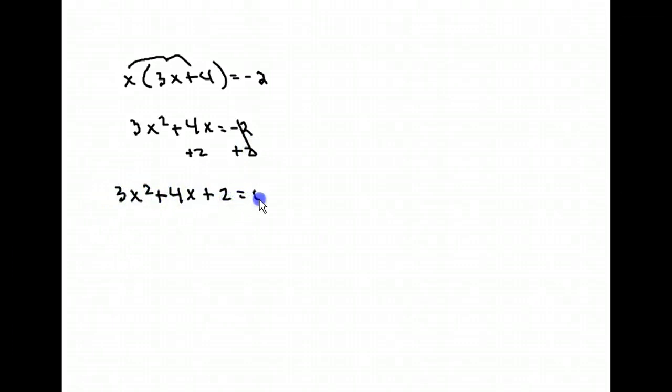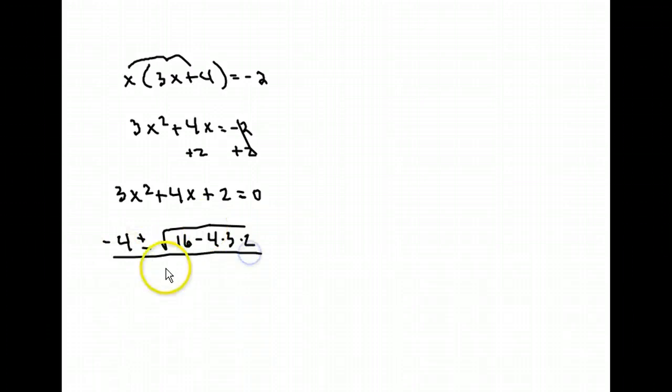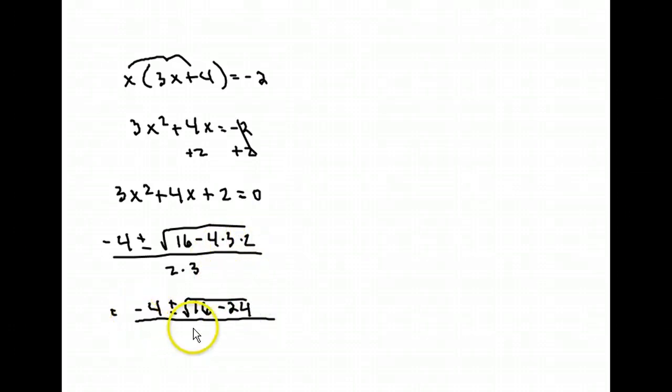Now that it's equal to 0, we can do the quadratic formula, which is going to be minus 4 plus or minus the square root of 4 squared, which is 16, minus 4 times a times c. And all of that is divided by 2 times a. So that comes out to minus 4 plus or minus 16 minus 24, because 4 times 3 is 12 times 2 is 24, divided by 6.